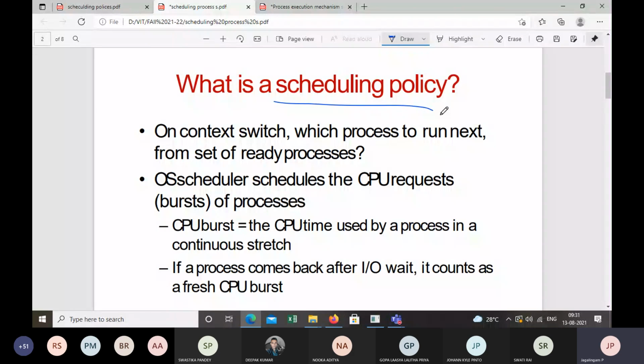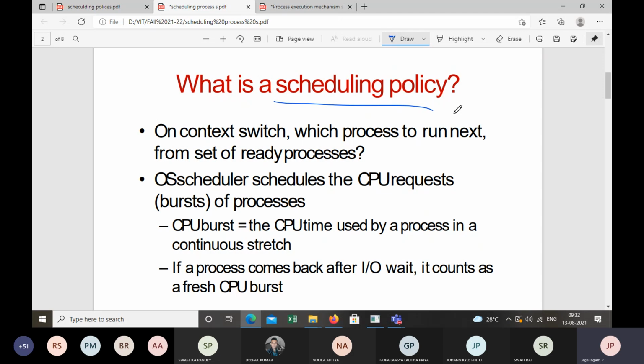Do you have any idea on this? What do you mean by scheduling policy? Which process is to be selected from multiple processes? Good. A scheduling policy is a piece of code. This code decides which process to run next, right?